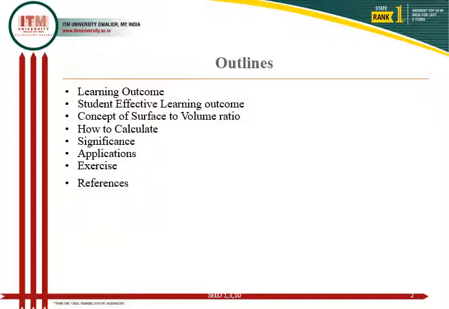We will discuss the various properties and characteristics of type 1 and type 2 superconductors. Then we will also discuss a mixed state called the vortex state, and in the end we will close with discussing the possible applications, exercise, and finally the references.